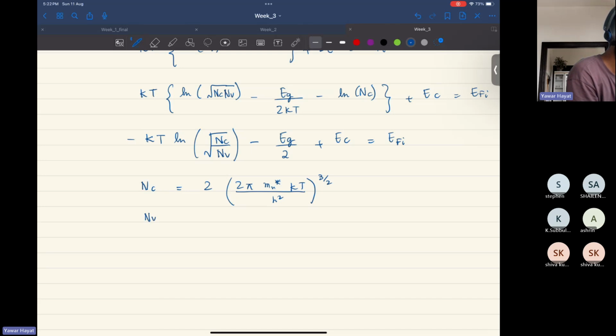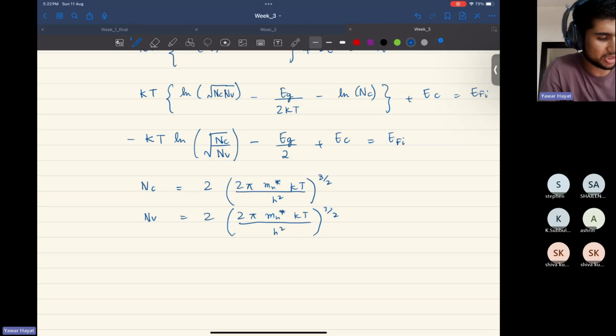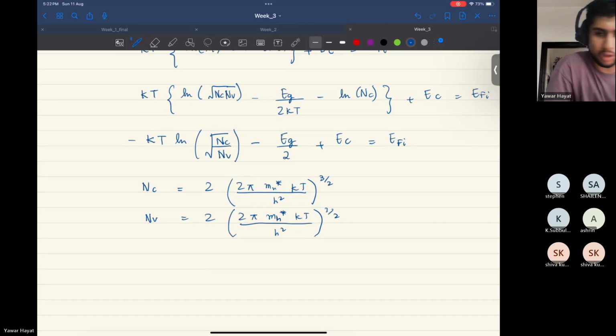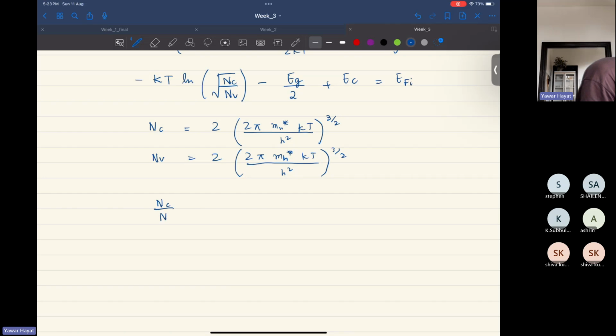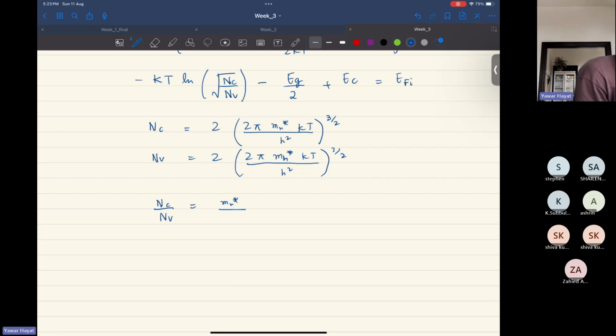Similarly, NV is 2 pi mh star kT by h squared, whole raised to 3 by 2, where mn star and mh star are electron and hole effective masses. Now what is Nc by Nv? This ratio is mn star by mh star, whole raised to power 3 by 2.